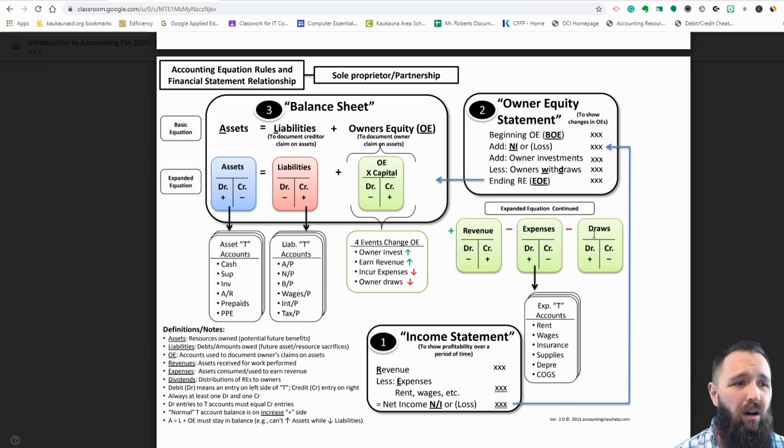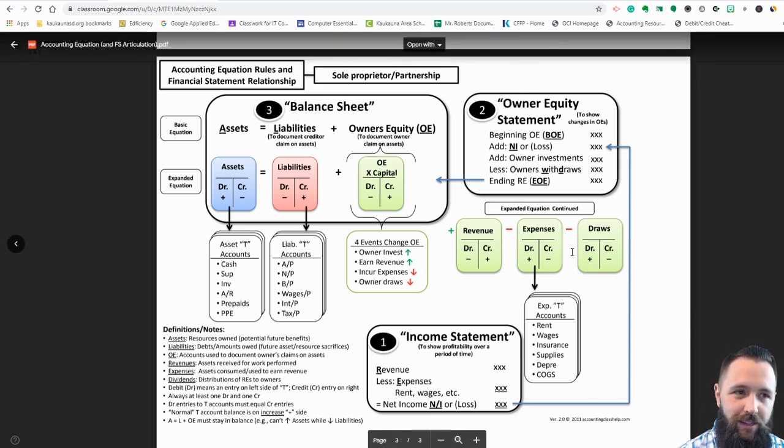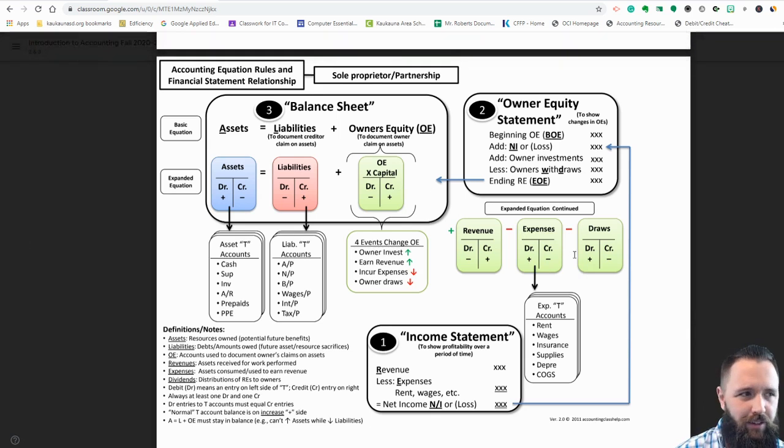What makes this so hard is we look at this sheet and everybody kind of goes, okay, everything on the left of the accounting equation, just like we were talking about, you debit it to increase it. Everything on the right, you credit it to increase it. Well, expenses and draws, when we look at it, we kind of assume it's on the right-hand side. And it is, technically.